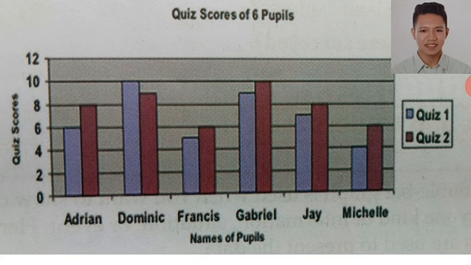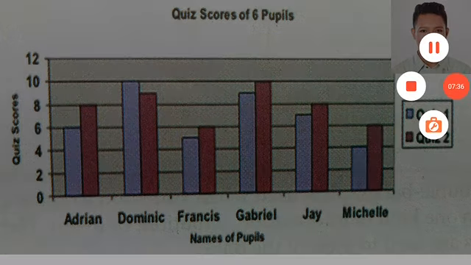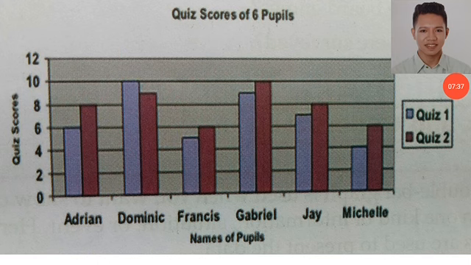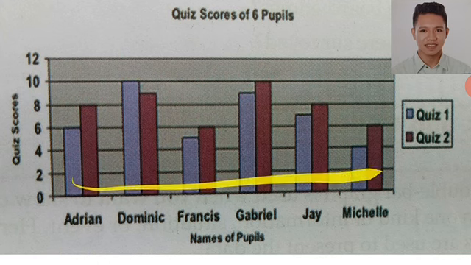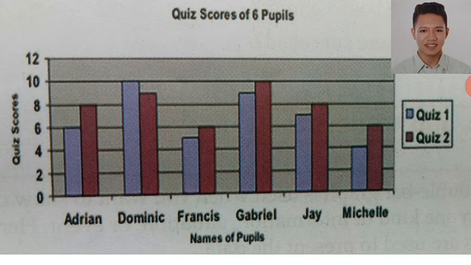Draw until you finish it. Don't forget to write the title of the bar graph and to label. The blue one is for quiz 1 and the red bar is for quiz 2.